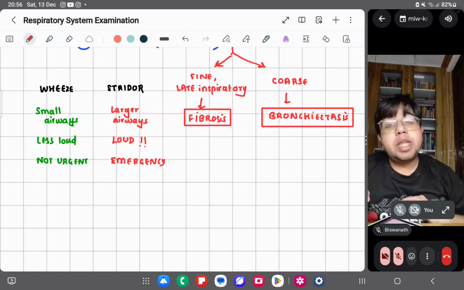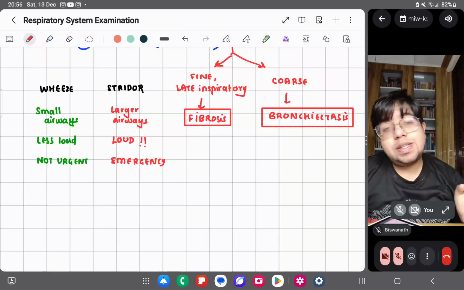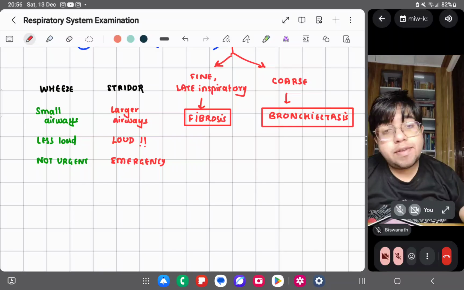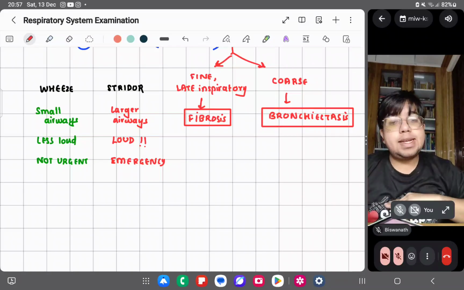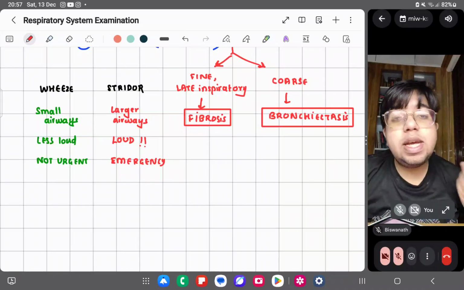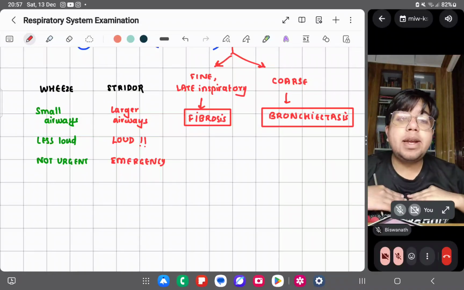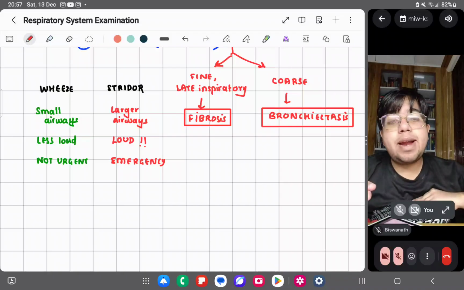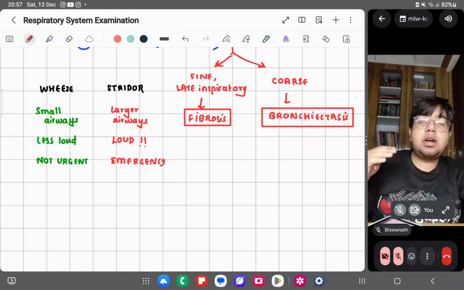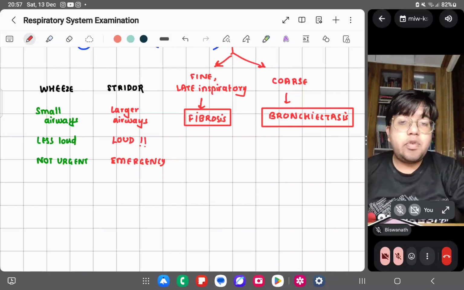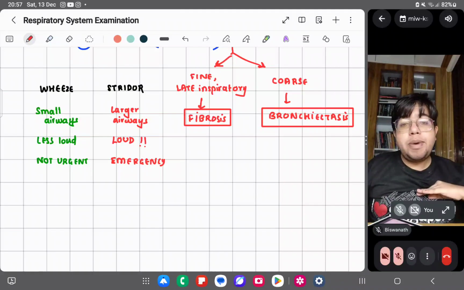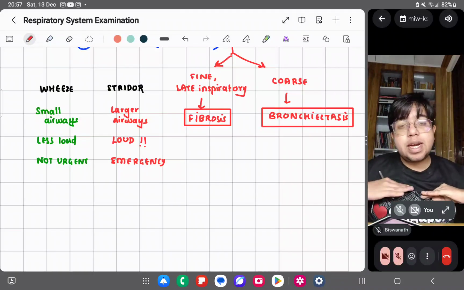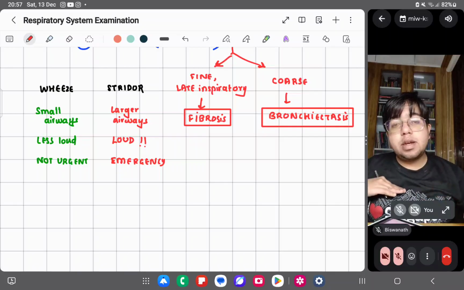Now we have something called vocal fremitus, or vocal resonance, where you put your hands like this and tell the patient to say 99. You have to compare bilaterally, the first lung and second lung, 99, 99.